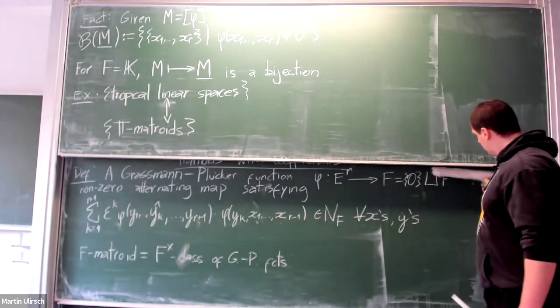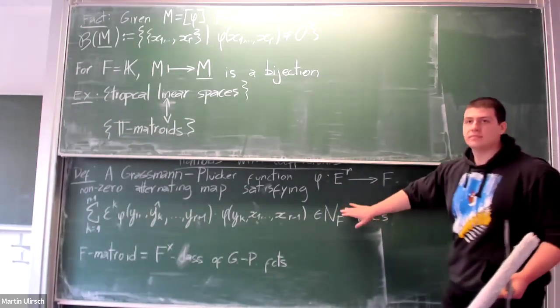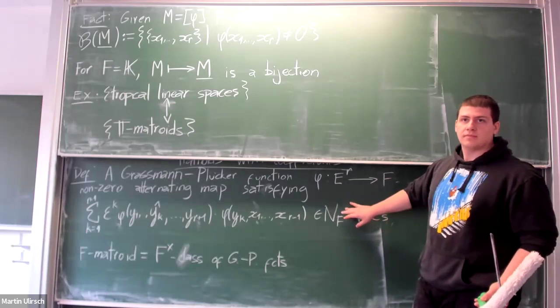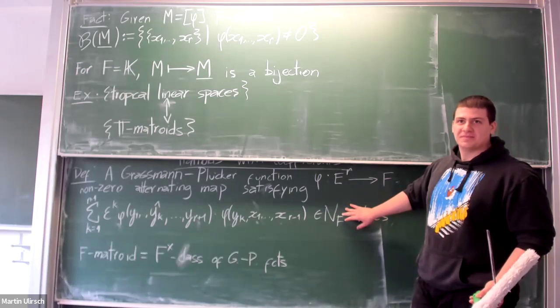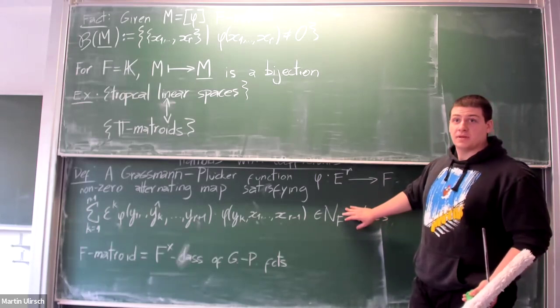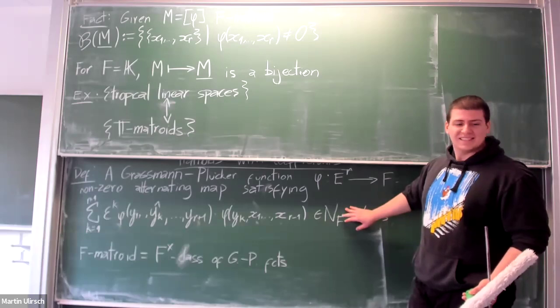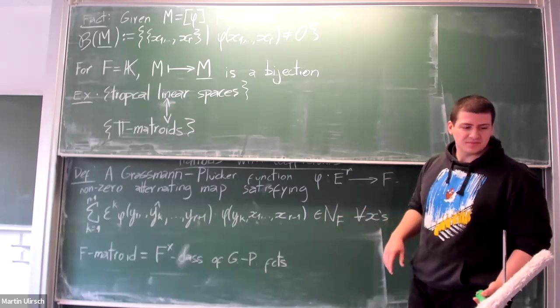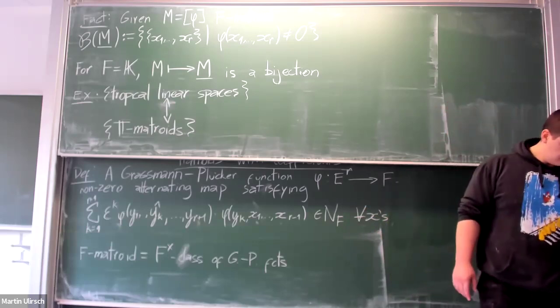So in the case that everything is just vectors, say in R^n, is this equation then just saying something like the Cauchy-Binet formula for subdeterminants? Somehow this phi of x1 to xr being non-zero means that you have some non-degenerate determinant, and then this exchange rule here, I think it's precisely Cauchy-Binet.